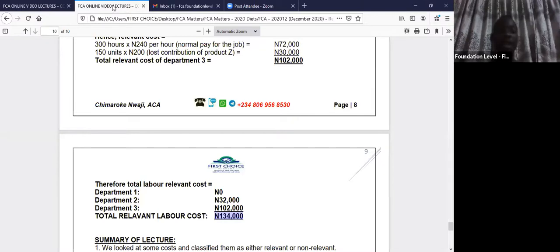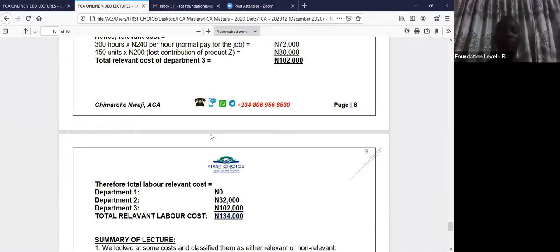Anything above that will increase your profit. So you've made a contribution. But if you say, okay, I will give you 2.32 million, it means you are making no profit. You are making zero contribution. That is like a break even.